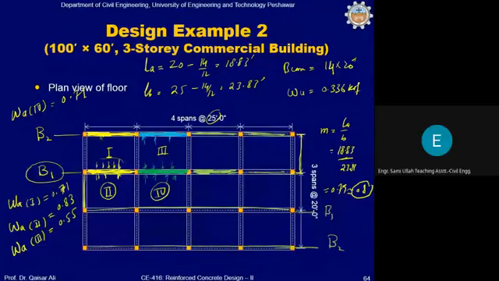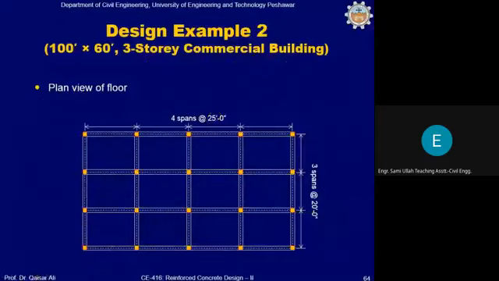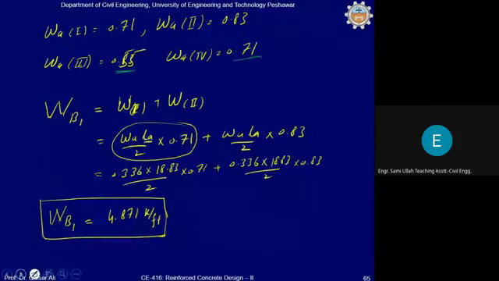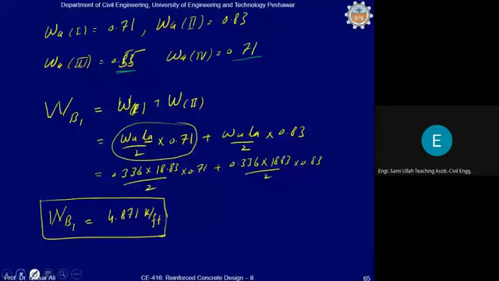So if you plot it on this, it will look like this. Load acting on this beam, it was equal to how much? 4.871.